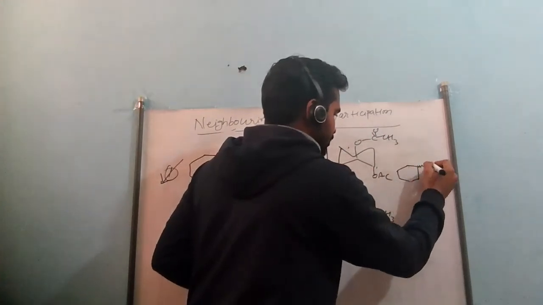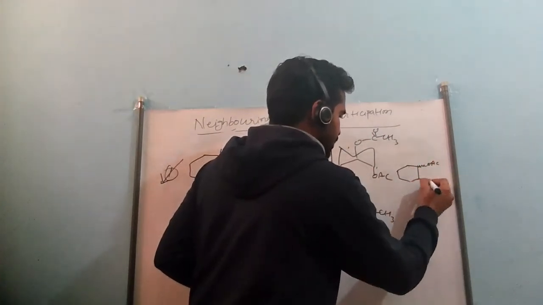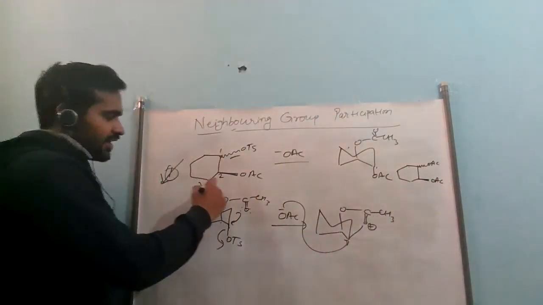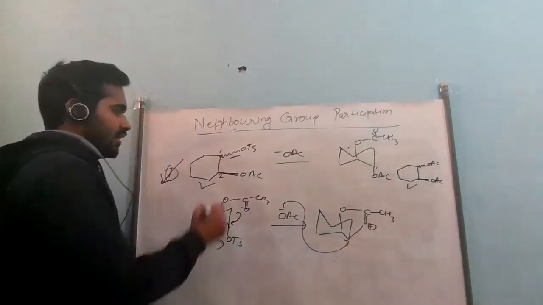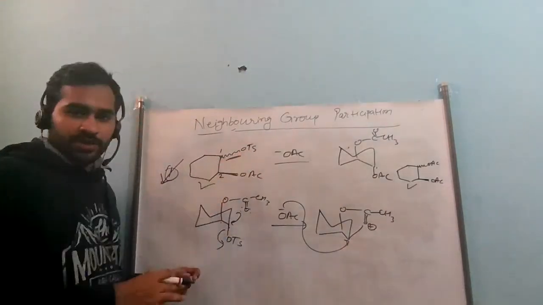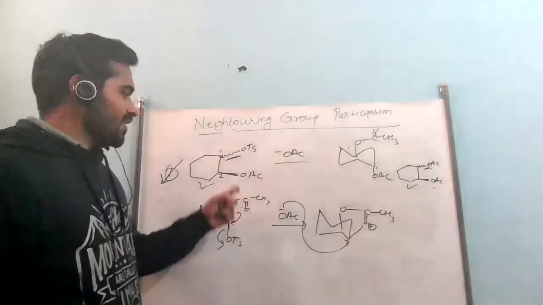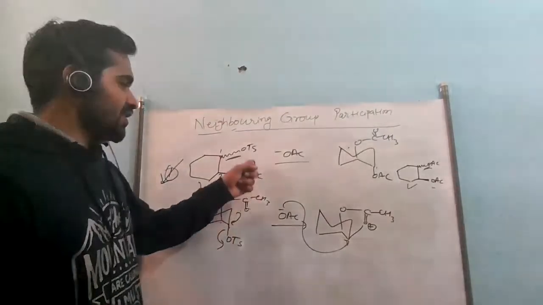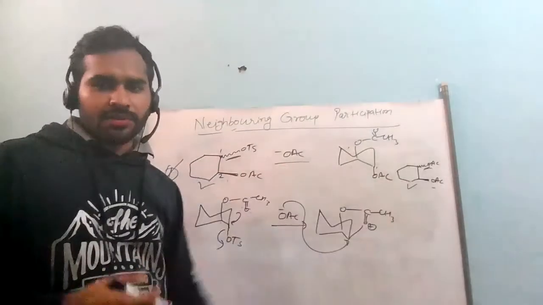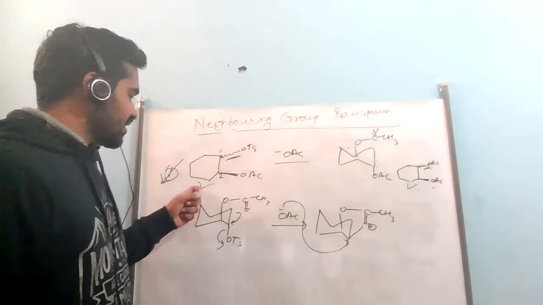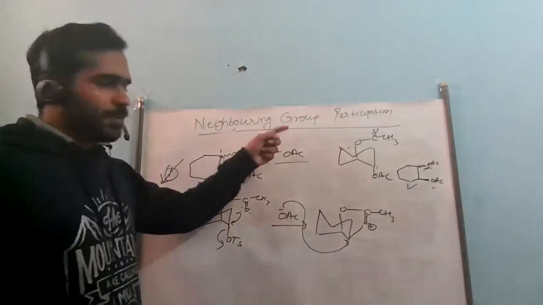This is below the plane OAC and this is above the plane OAC. So in this reaction, this is the reactant, this is the product. At first position, stereochemistry is below the plane in both. Second position stereochemistry is also the same. So there is no change in stereochemistry between reactant and product, so in this reaction there is neighboring group participation.